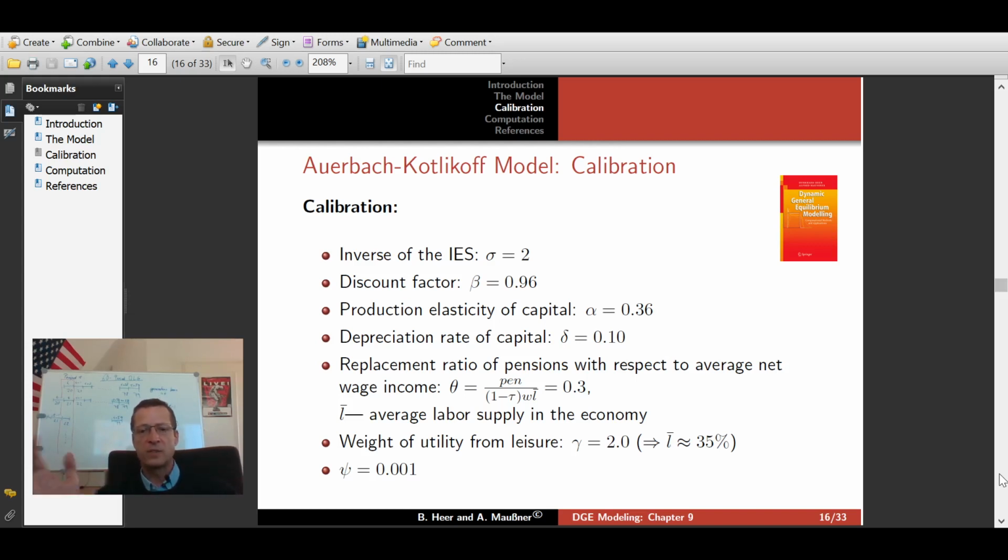This implies that labor supply is approximately 30%, 35% on average, and we set the small constant psi equal to 0.001. So this describes all the parameters in our model, and now we just have to solve it. Let's first look at the solution that we would like to compute so that you know where we are heading.